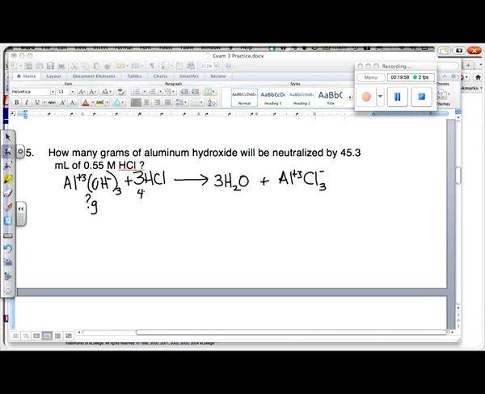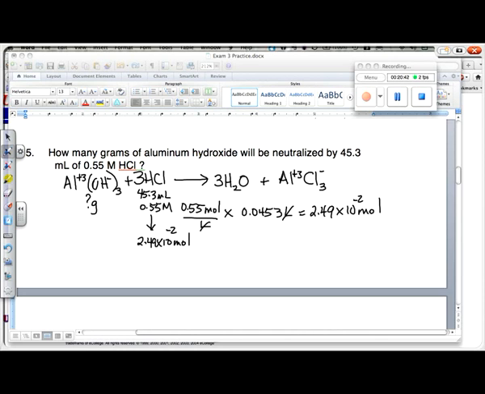So how many grams of this? And then 45.3 milliliters, 0.55 molar. All right. Getting into moles by rewriting the big M, converting my volume to liters. 2.49 times 10 to the minus 2 moles.